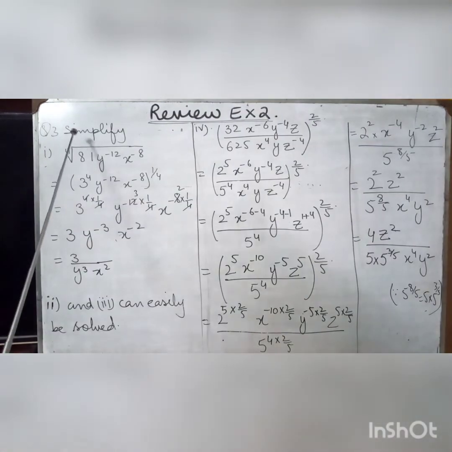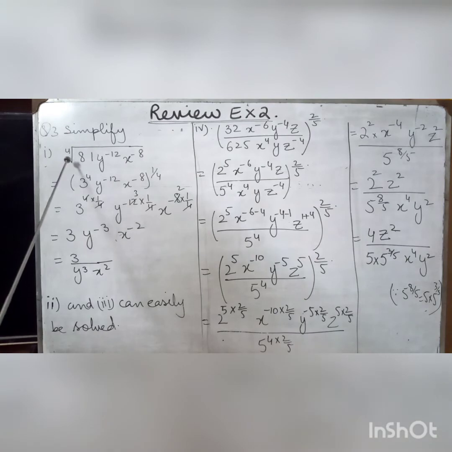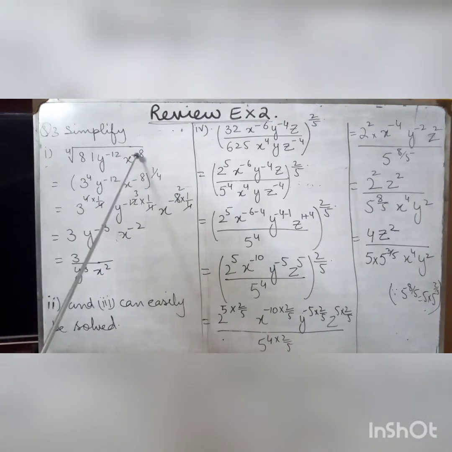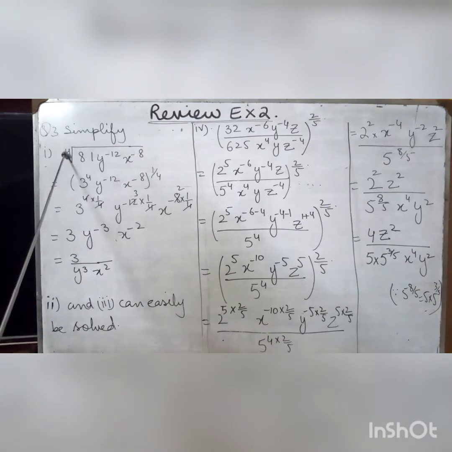Question number 3. Simplify. First part, 81 y raised to power minus 12 x raised to power minus 8 with index 4. 81 can be written as 3 raised to power 4, y raised to power minus 12 x raised to power minus 8 with exponent 1 over 4.